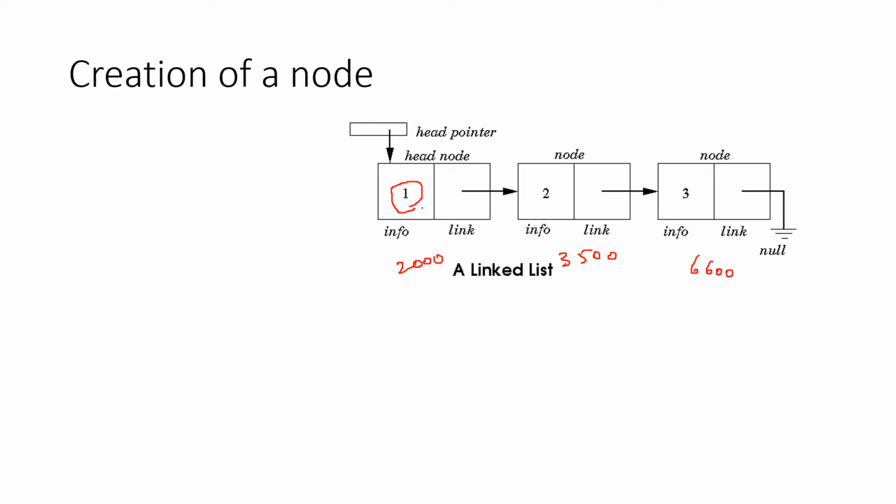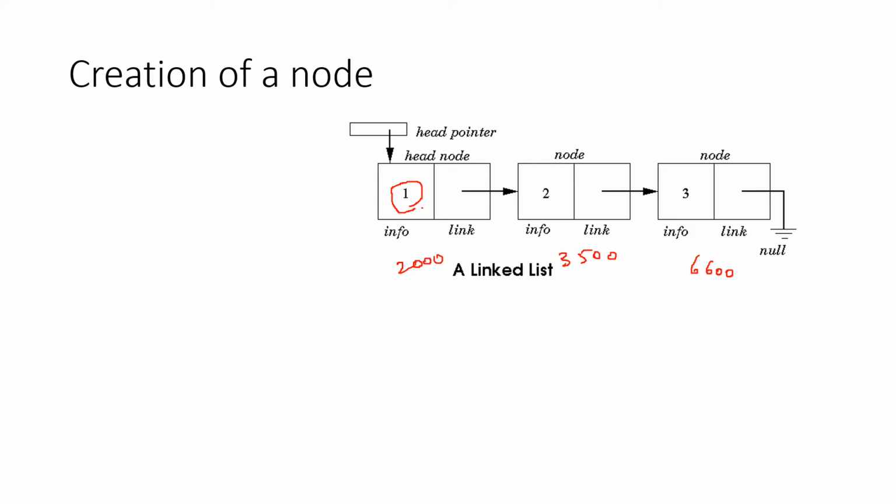For example, the information for the first node gets stored in 2000, and for the second node it's 3500, and for the third node 6600. It means there is no relation in the memory locations of these three nodes. Then how am I going to refer to these nodes? By means of this link field only.